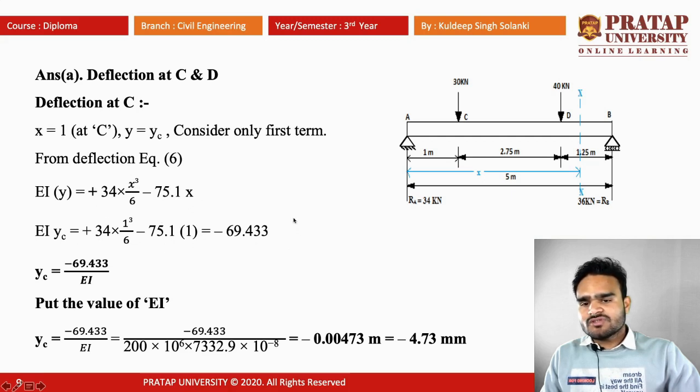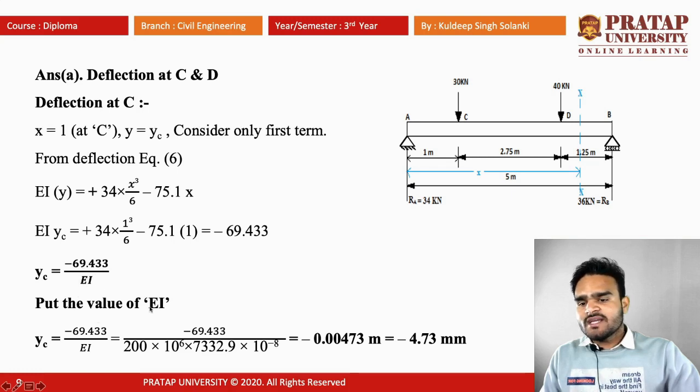After solving this numerical term, we get minus 69.4333. Now EI is a constant, so divide, send it to this side, and the deflection yc is minus 69.4333 upon EI.